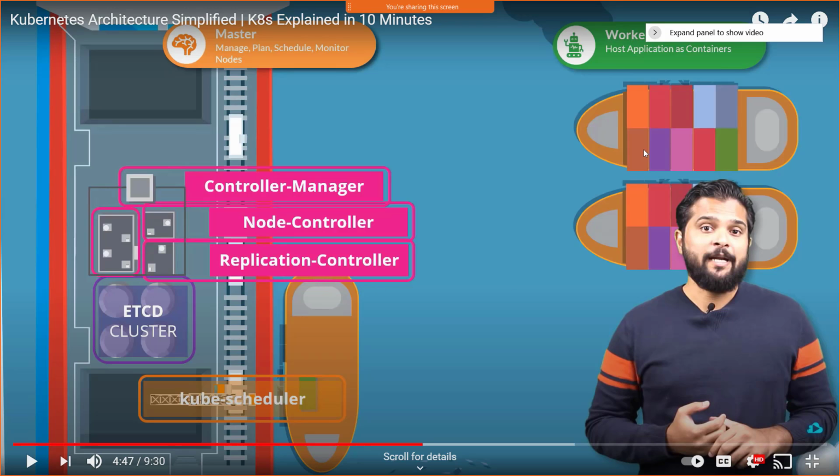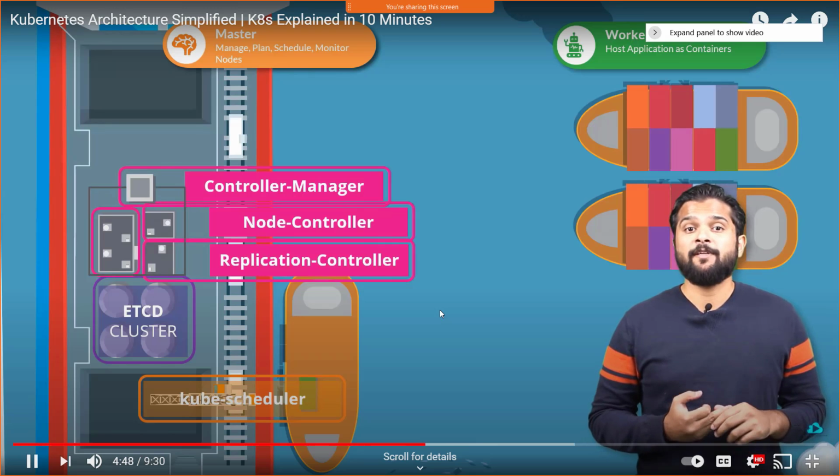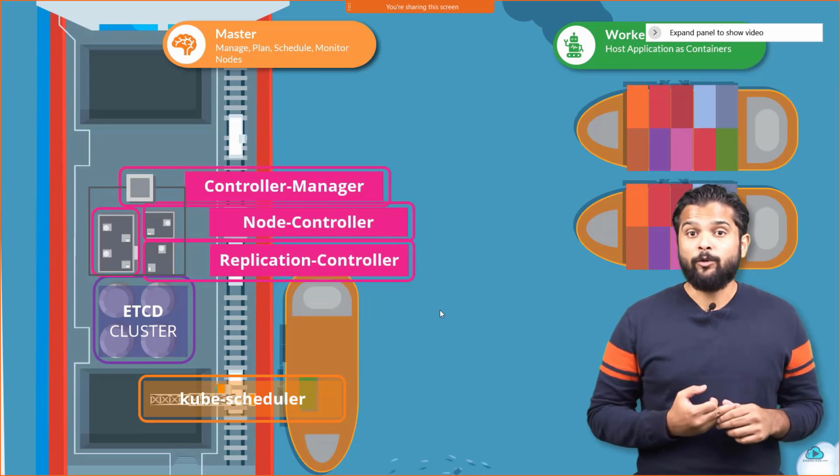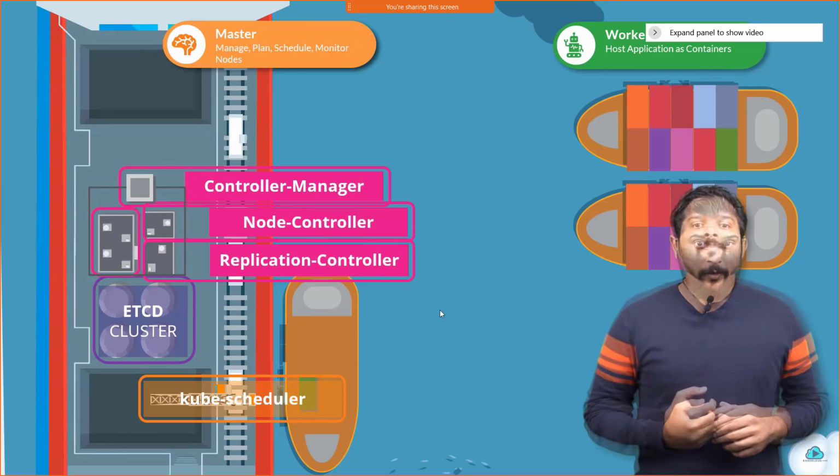So that's the replication controller. It checks if the replication is going on fine between the containers across the nodes, while the node controller just checks how many nodes there are, whether some node is being added, or whether some node is missing. So that is done by this control manager under the master node. It ensures that the desired number of containers are running at all times in a replication group.